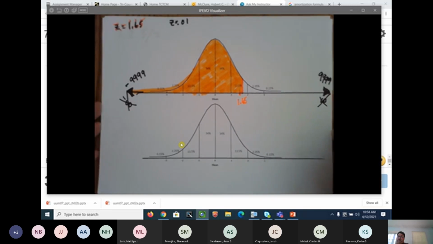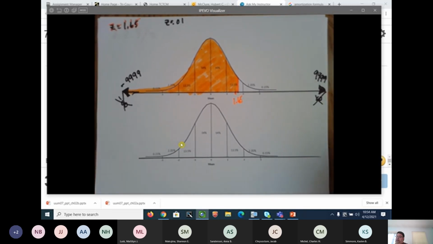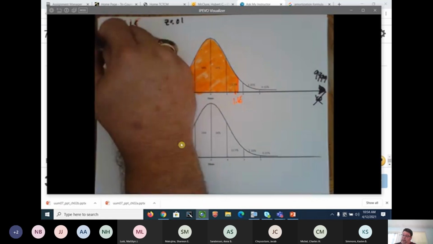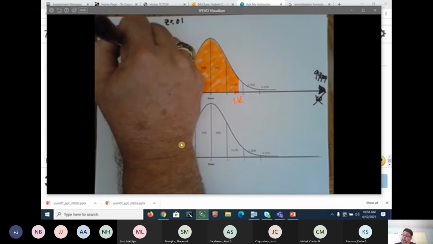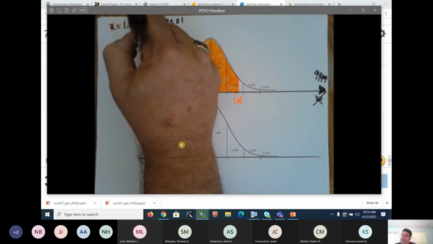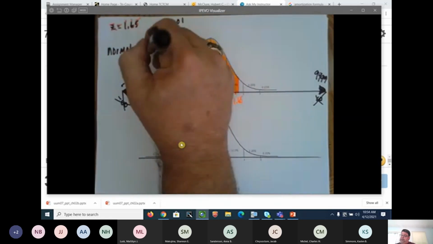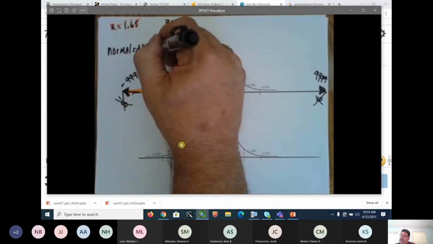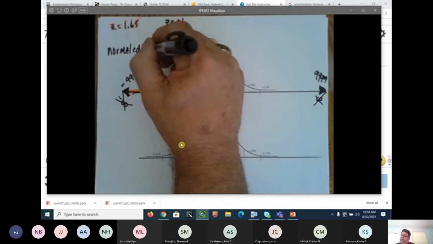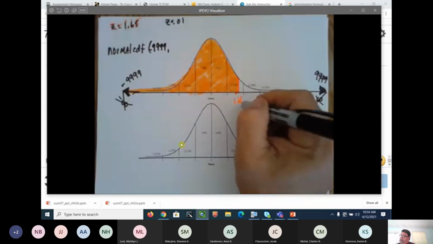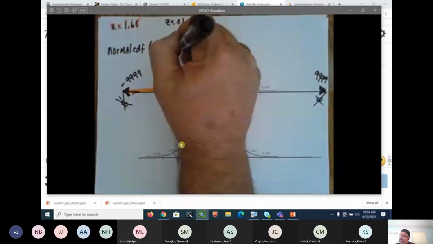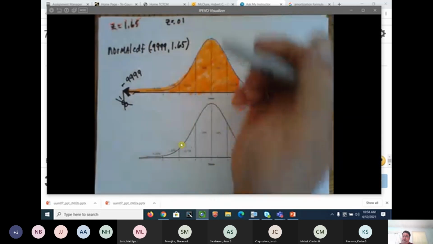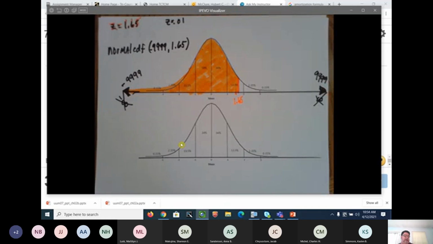So, which way do we read? Left to right. So we're going to do normal CDF, parentheses, negative 9999 to 1.65. But before we do that, let's use the empirical rule to add up what we think it is.